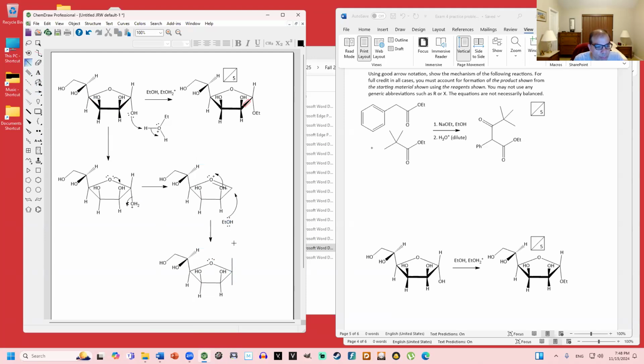And since we're using Haworth projections, we'll use these rather ridiculous bond angles.